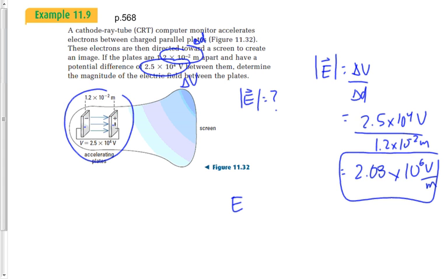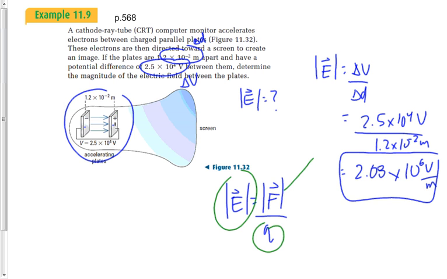I use the new one that I learned. I can also use this one, E is equal to F over Q. I now know the electric field that's produced between the plates, or the electric field experienced by the electron that accelerates. I know the charge of the electron. I could find the force experienced by the electron as well. Does that make sense?